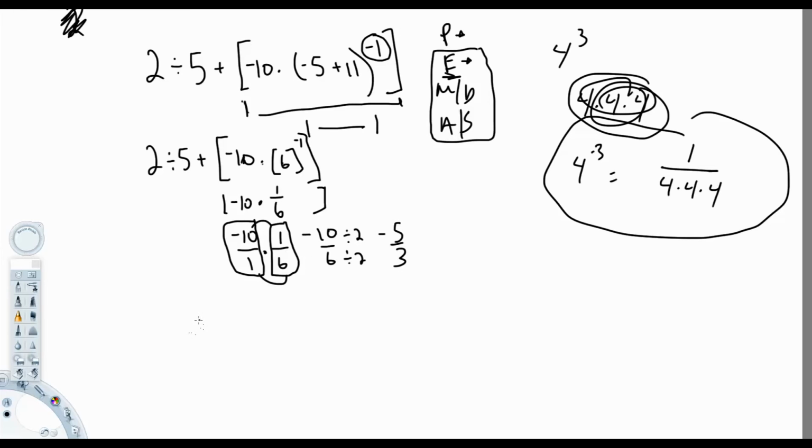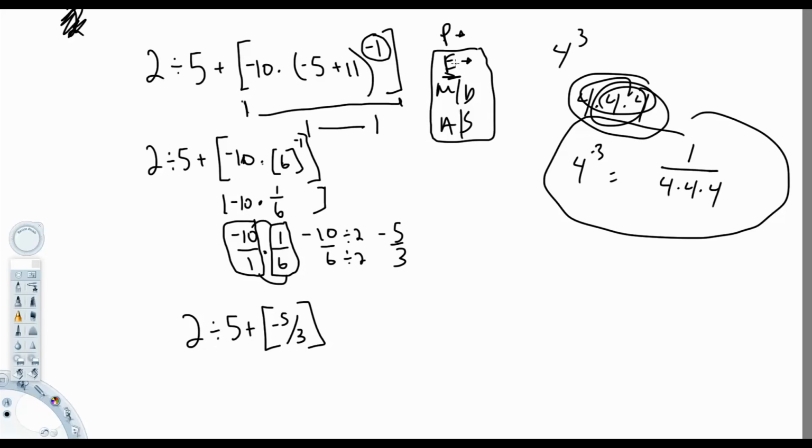So let's rewrite this. 2 divided by 5 plus negative 5 over 3. So we're going to be doing some fractions. Really covers everything. That's what I like about this problem. Okay, so we have a bracket here, but does it really contain an operation? Not really. This division has been reduced all it can.